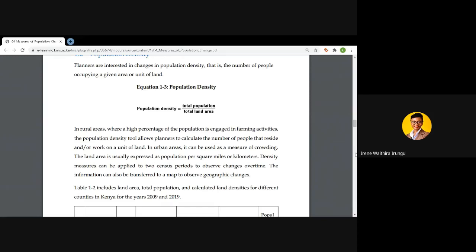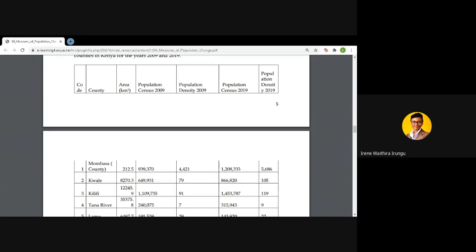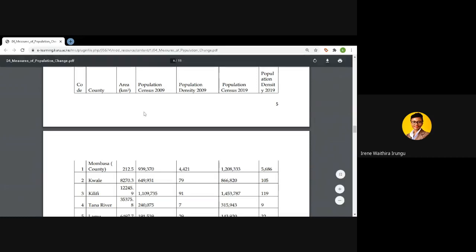So if we were to go through this table, this is the area in kilometers, this is the population as at 2009, and this is the population density as at 2009. It is simply taken to be the total population divided by the area. So you'll get that for all the counties.